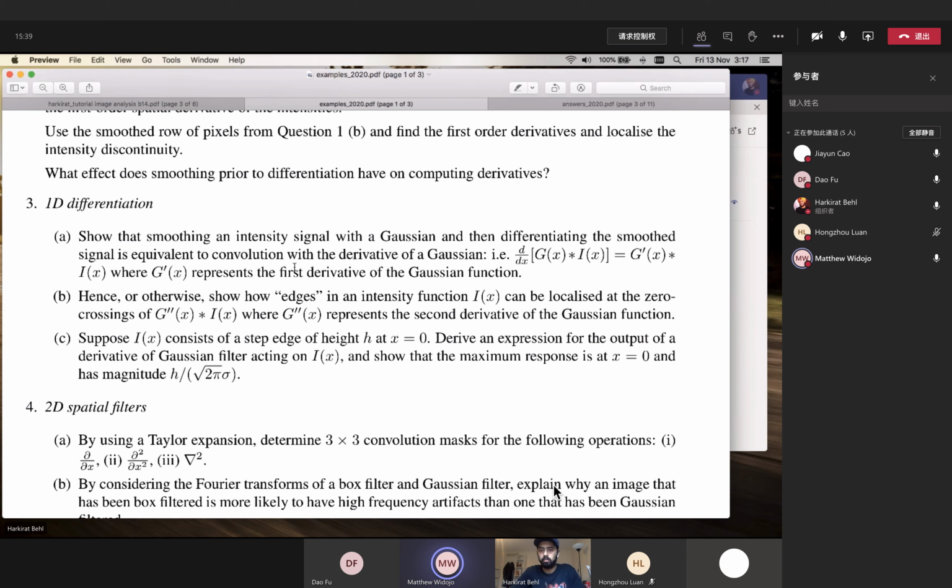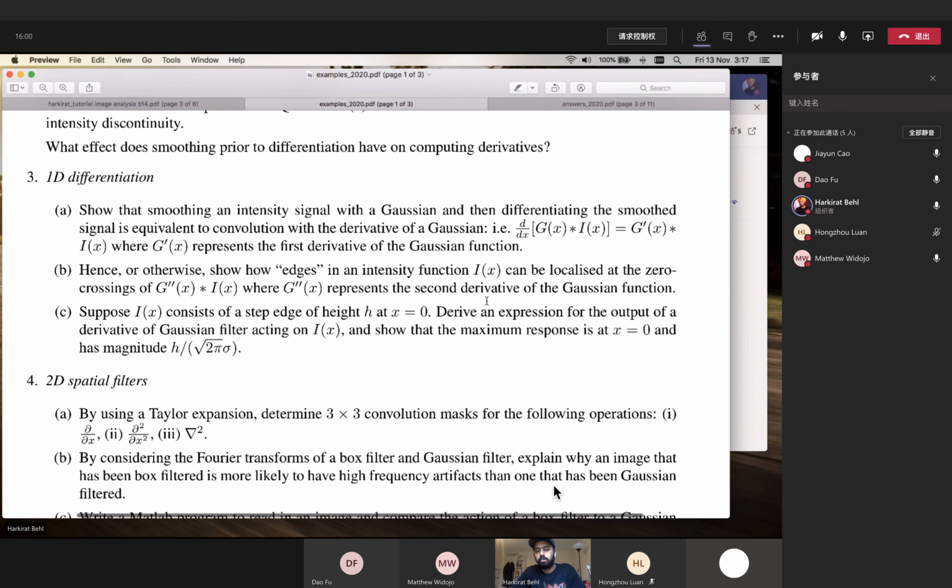So you're saying if you're maximum or minimum, your slope is really high, really steep? Yeah. So the edges in the intensity function occur when the derivative is maximum, when the slope is the maximum.